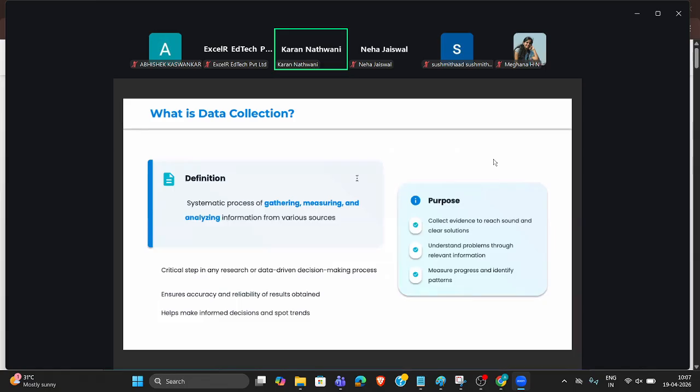For example, if I have to collect the data of, let's say, COVID, I'm not going to collect the data from only one particular district of India. I will be collecting it from the entire of India, so from various sources.